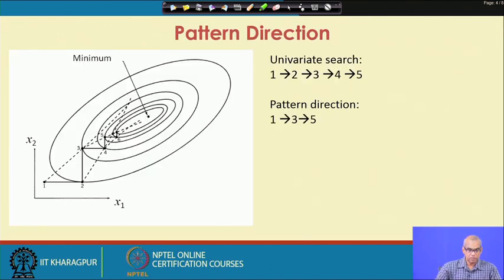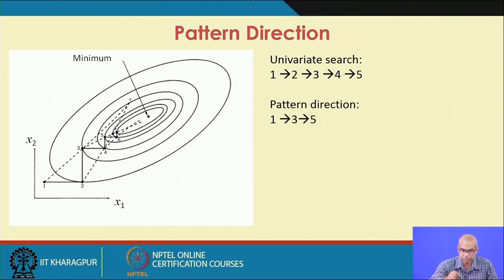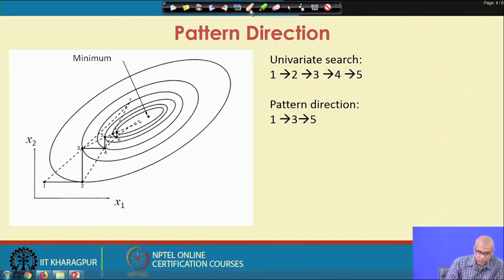Let us look at the figure. The univariate search will go as 1 to 2, 2 to 3, 3 to 4, 4 to 5, 5 to 6, and so forth.